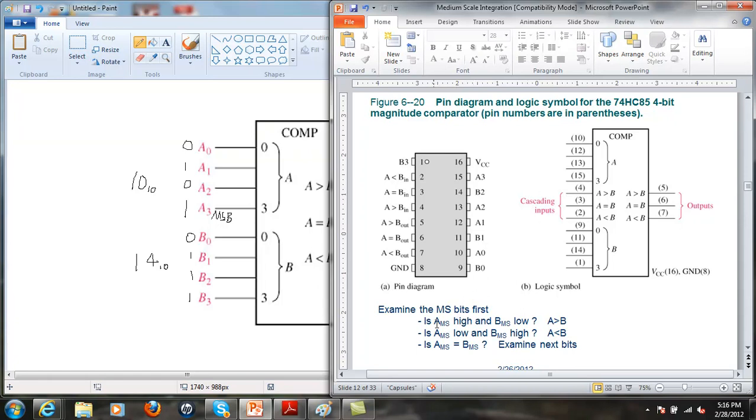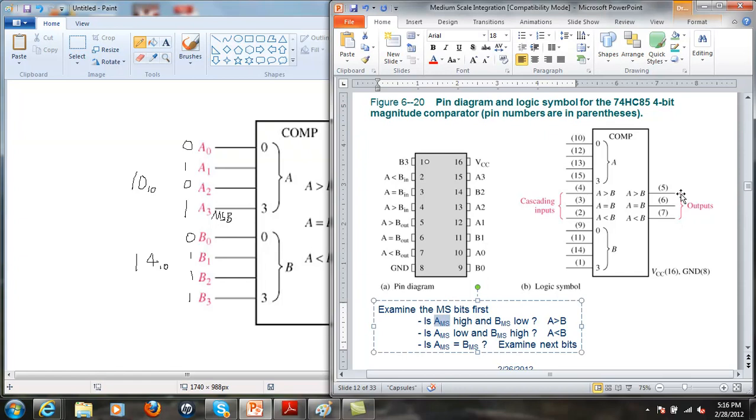Then you know that if A's most significant bits are greater than B's most significant bits, then A is greater than B. Likewise, if the most significant bits of B are greater than A, then B is greater than A. It doesn't really matter what the less significant bits do.